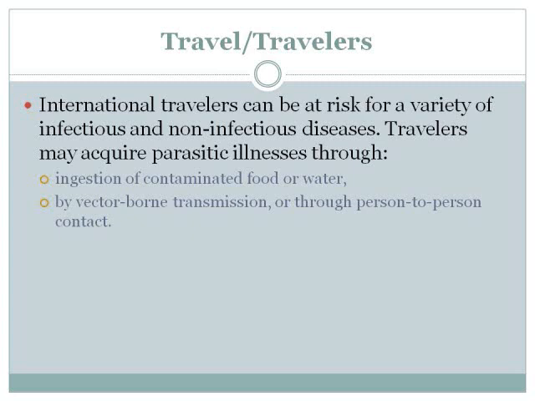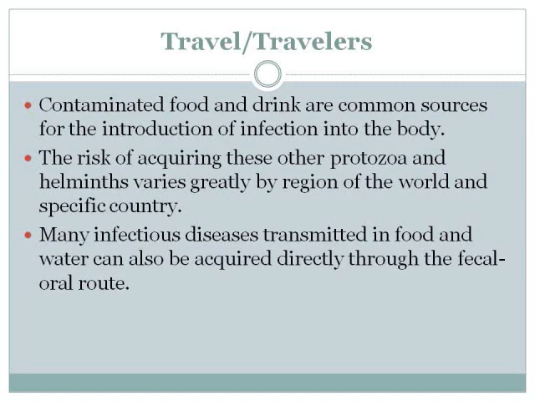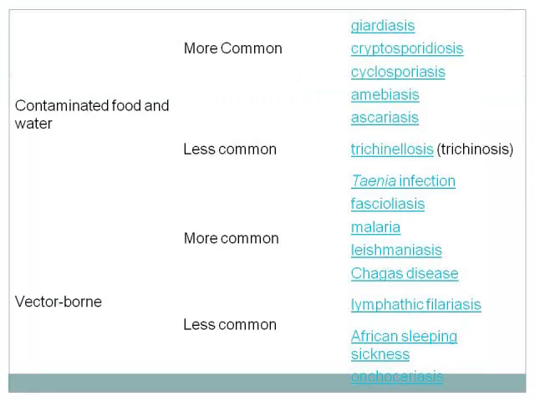Okay. These are the commonest sources of infection. The risk of acquiring these diseases varies from region to region of the world. And again, the fecal-oral route is important, because those people who are working for you in the hotels or in restaurants, you want to make sure they are sanitized and properly cleansed.